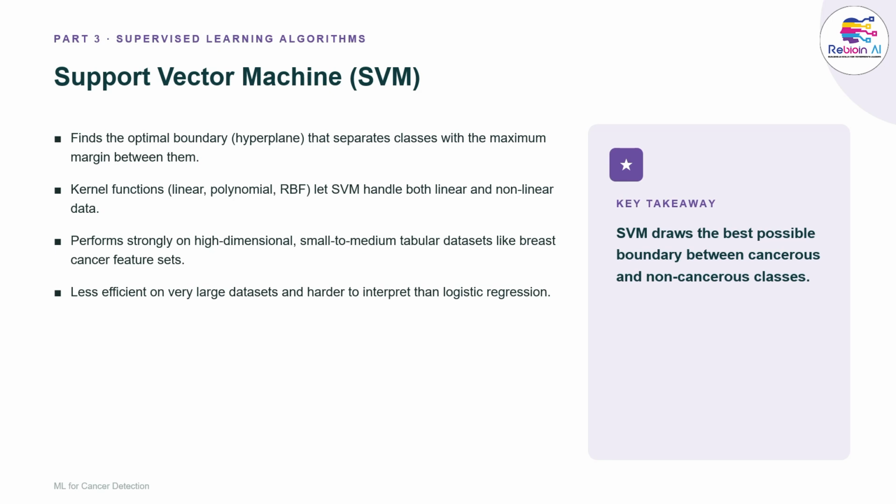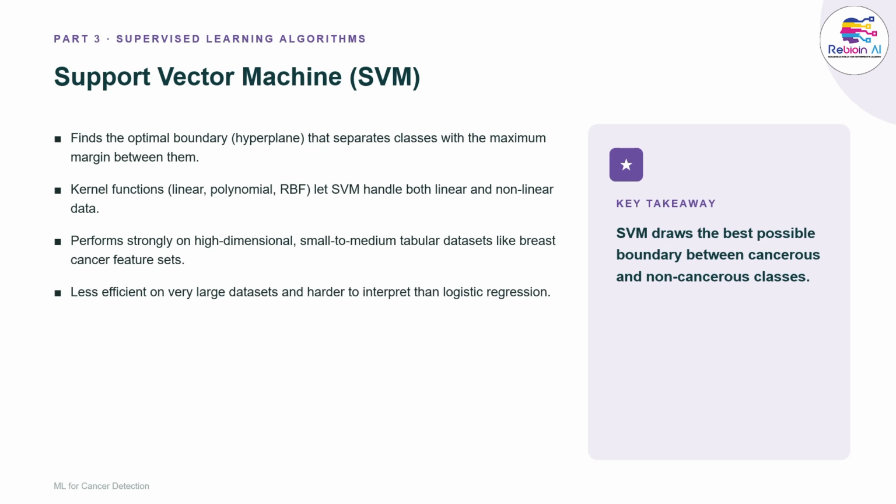SVM finds the best possible line, or in higher dimensions, a hyperplane, that separates these clusters, specifically the one that maximizes the margin, the distance between the line and the nearest points from each group. A wider margin usually means better generalization to new patients.